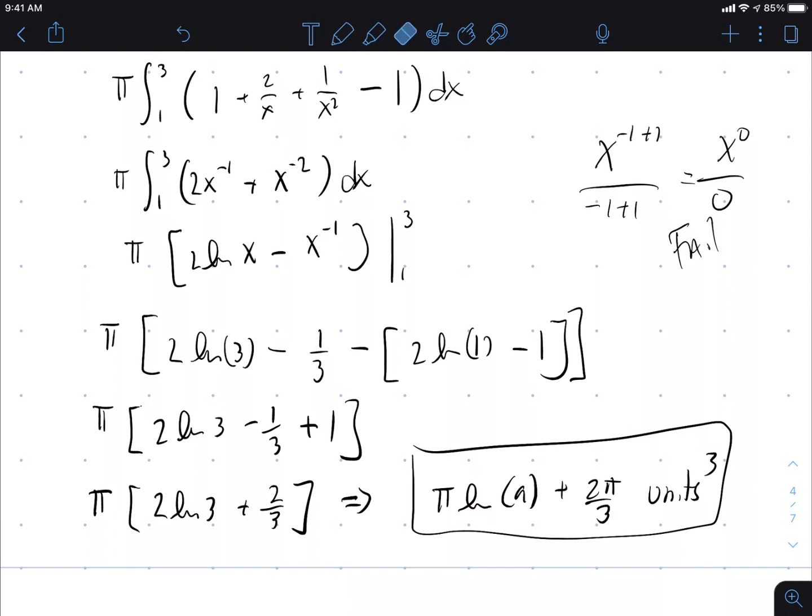Does that make sense? Yeah, because then it's indeterminate. That's a special case. So that's where you have to know the antiderivative to that one. Cool, huh?